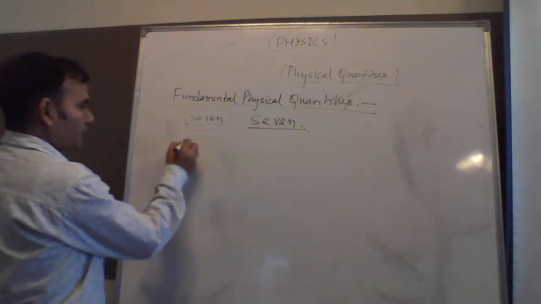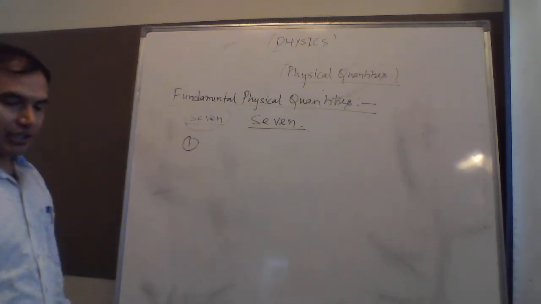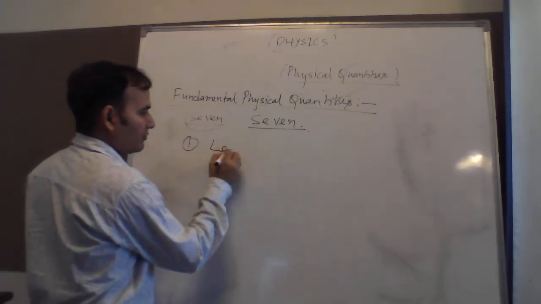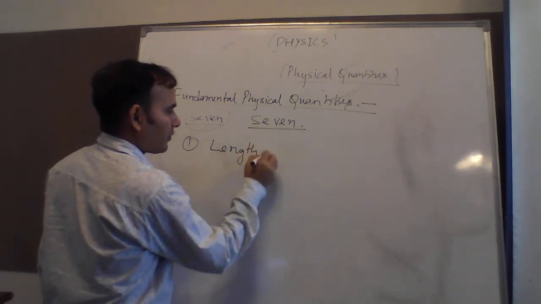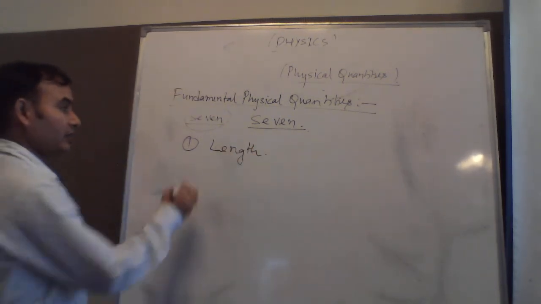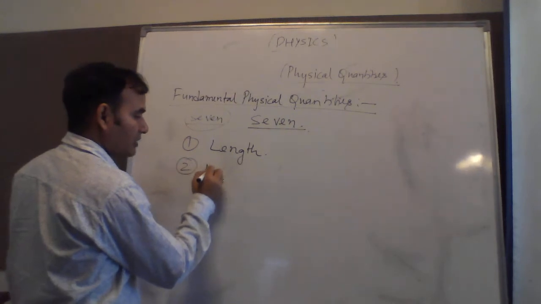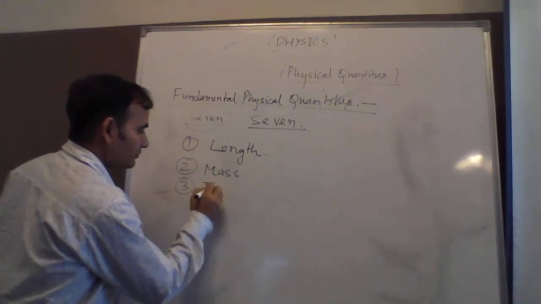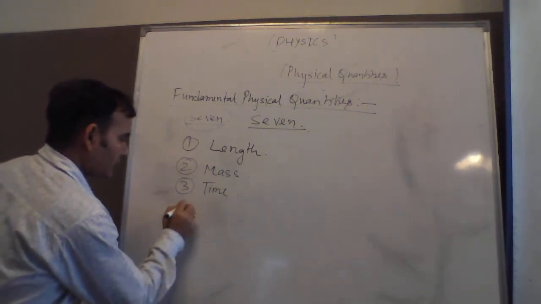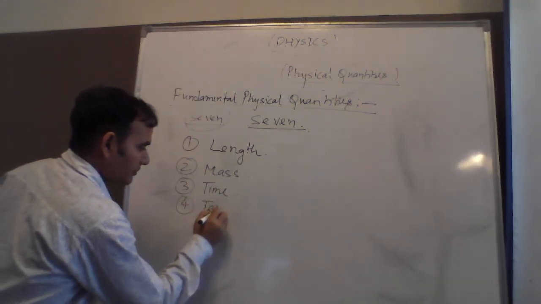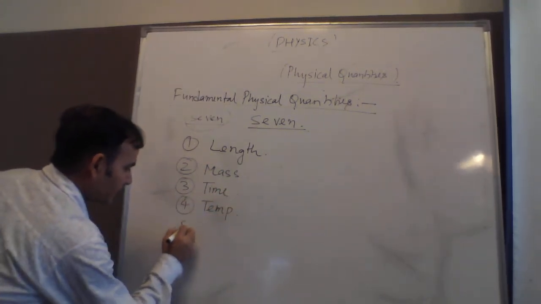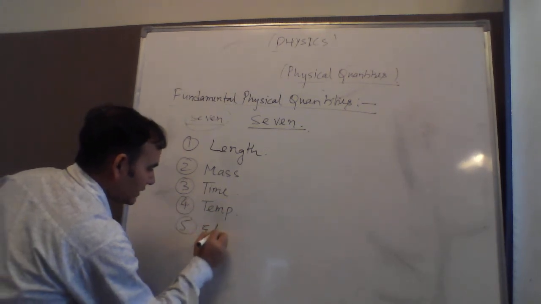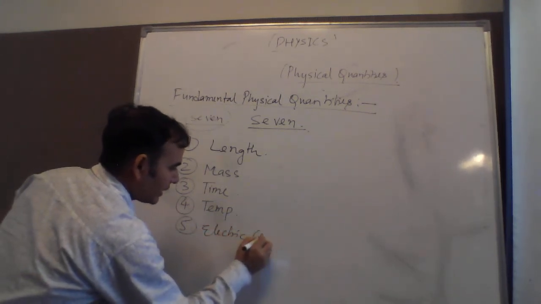Let me tell you these 7 fundamental physical quantities. First is length. Second one is mass. Third one is time. Fourth one is temperature. Fifth one is electric current.